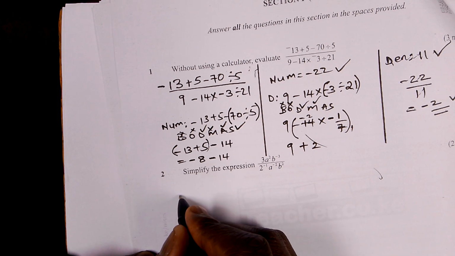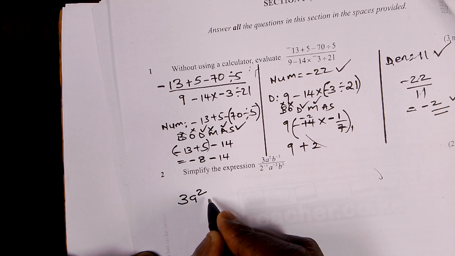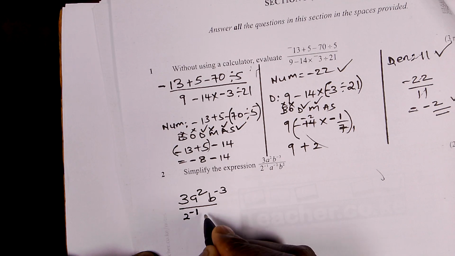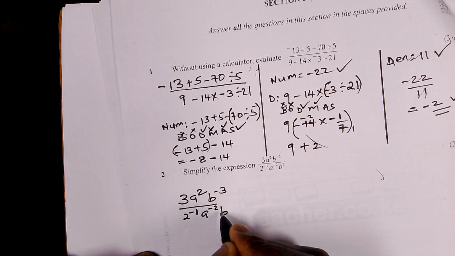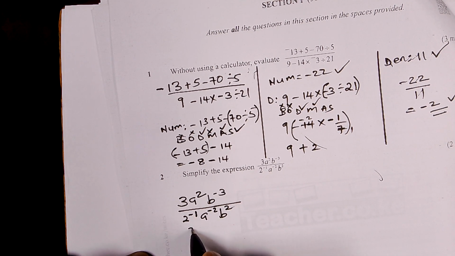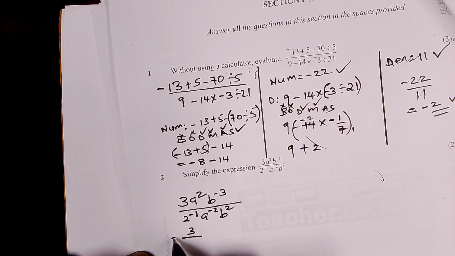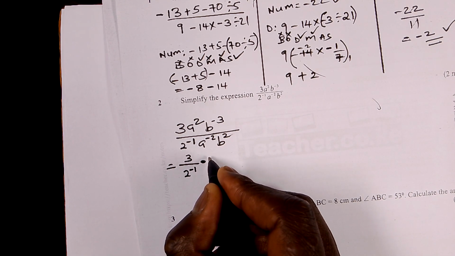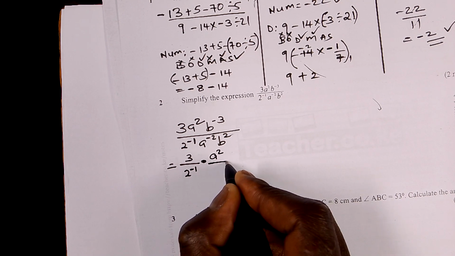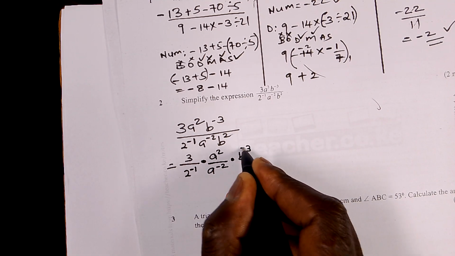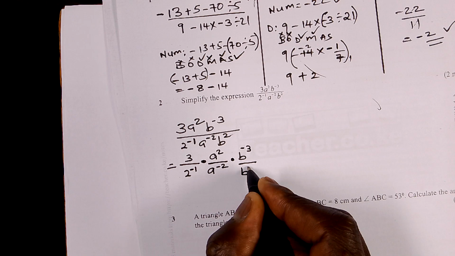To simplify this, we can split it out to be 3 over 2 to the power negative 1, multiplied by a squared over a to the power negative 2, multiplied by b to the power negative 3 over b squared.